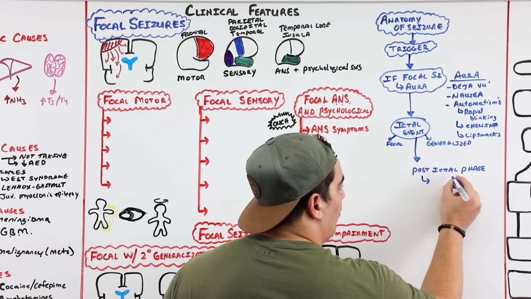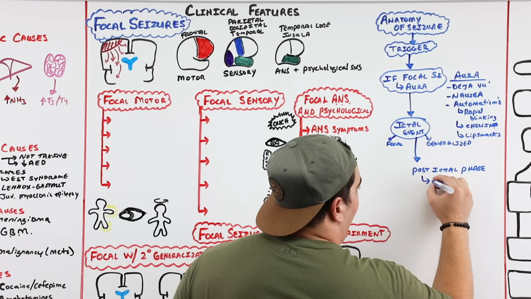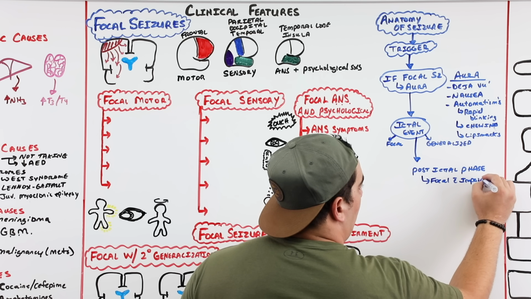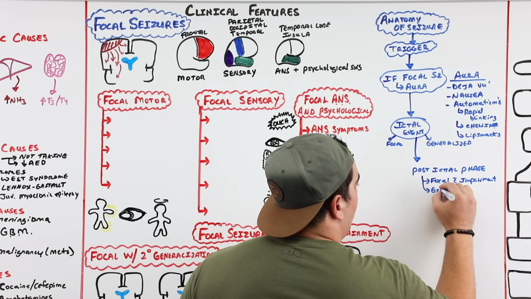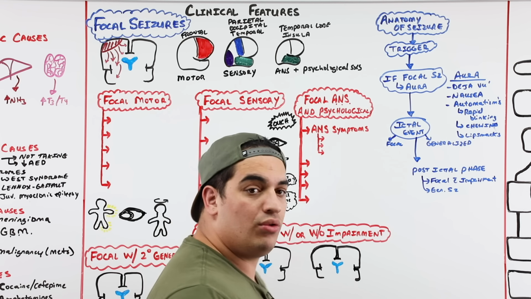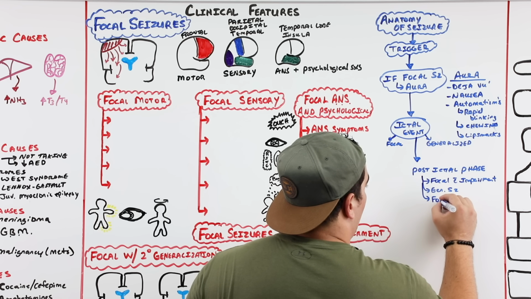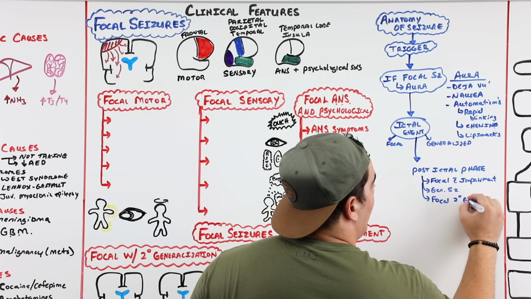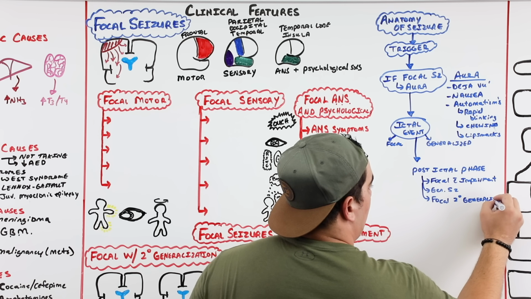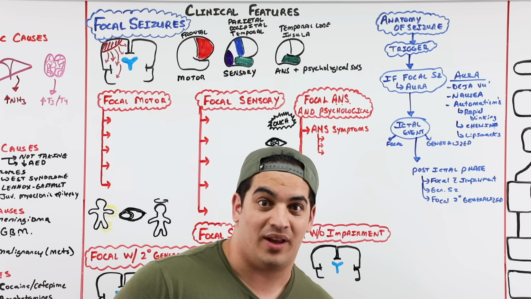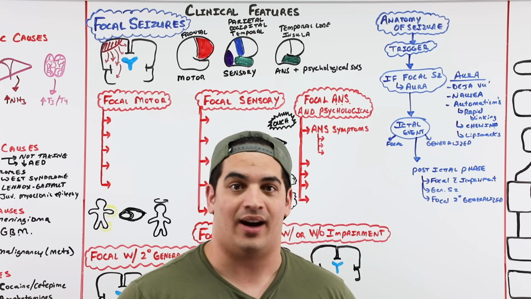The post-ictal phase usually occurs in three types of seizures: focal with impairment, a full-on generalized seizure, and a focal that's secondarily generalized, and we'll describe what I mean by that. So either you had a focal seizure where you lost consciousness or were impaired, you had a generalized seizure where you lost consciousness, or you started off with a focal seizure with impairment that became generalized secondarily.